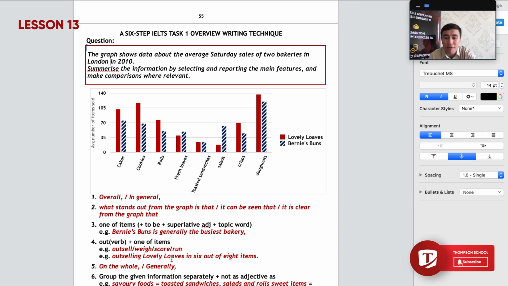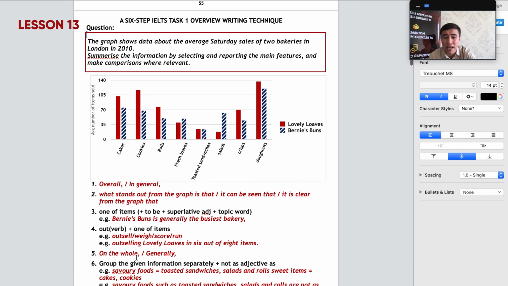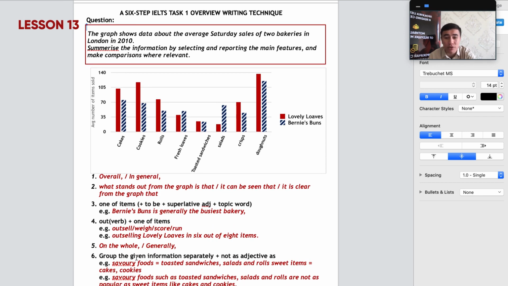So outselling Lovely Loaves in 6 out of 8 items. So you can say when it comes to cakes, cookies, rolls, even toasted sandwiches. Okay, here we have slight difference, but still, and crisps and donuts, Lovely Loaves is dominating. So we are saying outselling Lovely Loaves in 6 out of 8 items. So this is our first sentence.